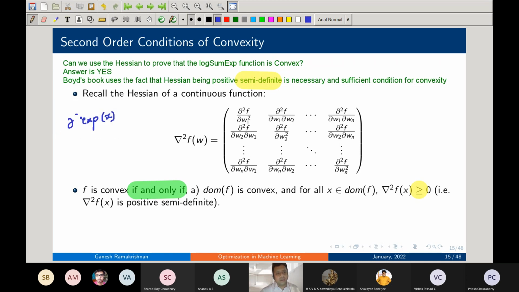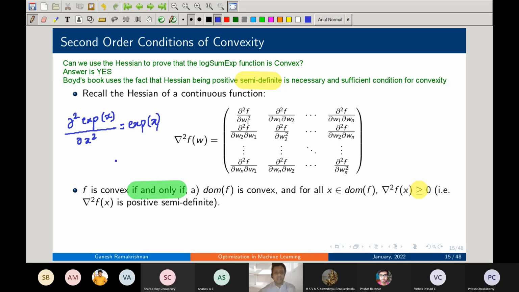Anyone? It's the same expression, exp of x.